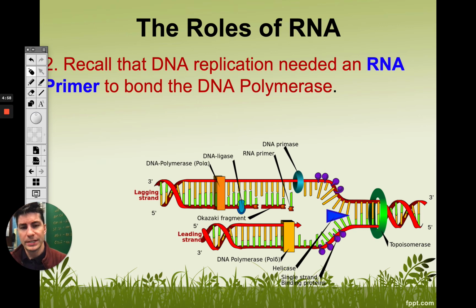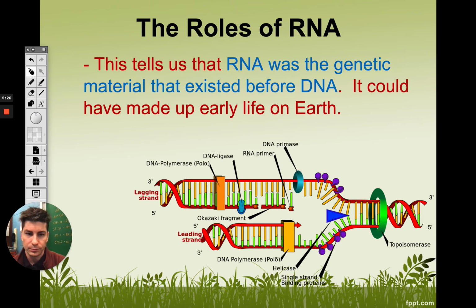If you remember, for DNA replication to occur, we have to have an RNA primer, and if that RNA primer is not there, DNA polymerase cannot bond to that area, and then we can't have our new strand of DNA. So in other words, all cell reproduction would halt, which, yeah, is not good.